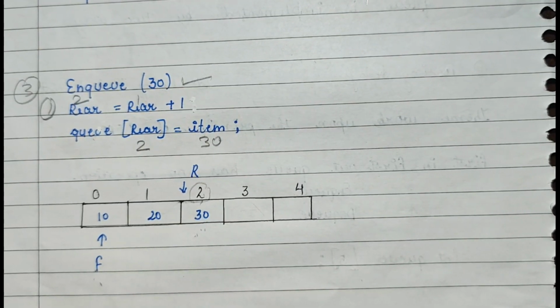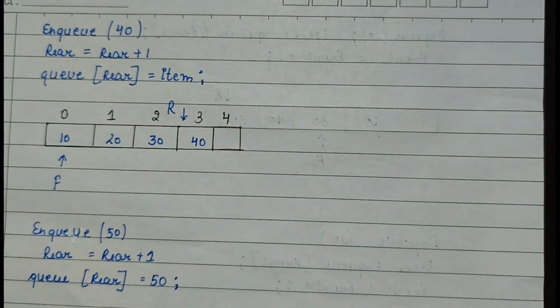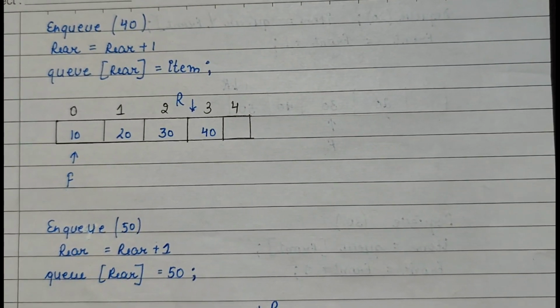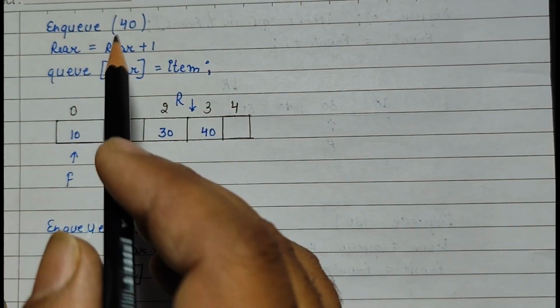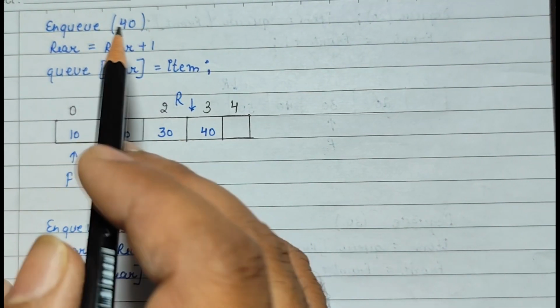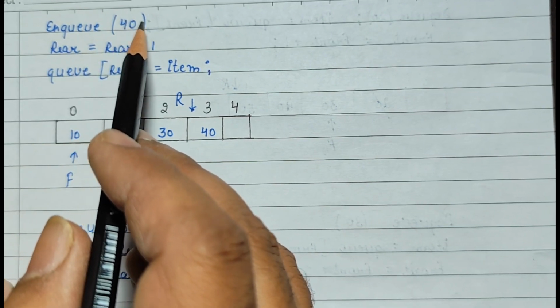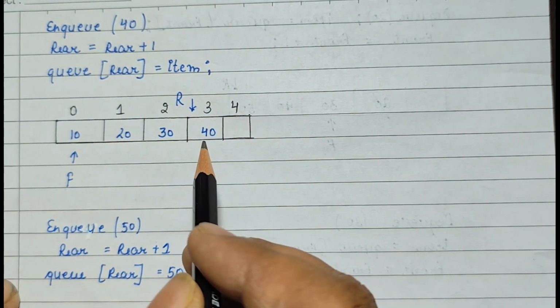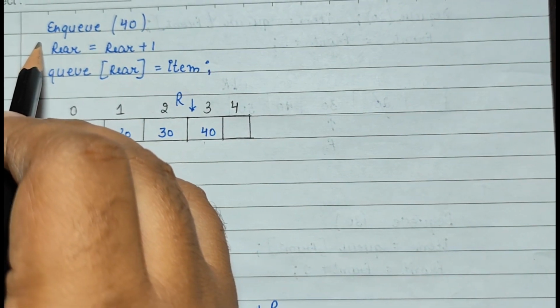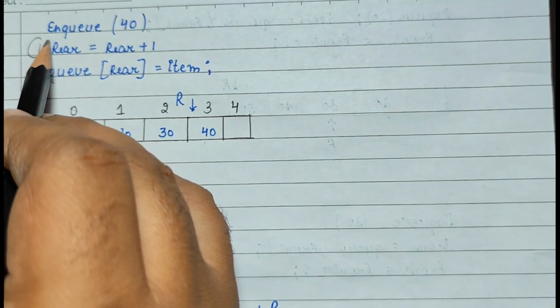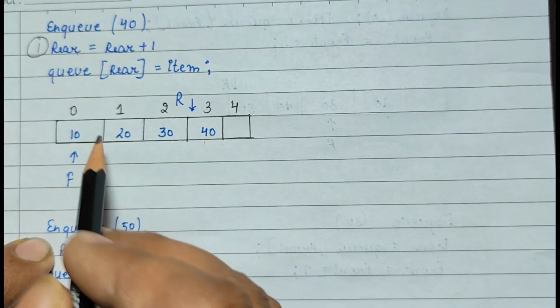Now again we perform another Enqueue operation. So now we perform Enqueue 40. Now we insert another element, that is our fourth element. Okay, so what are the steps? Steps are same. So first step is rear is updated. What is the last value of rear?